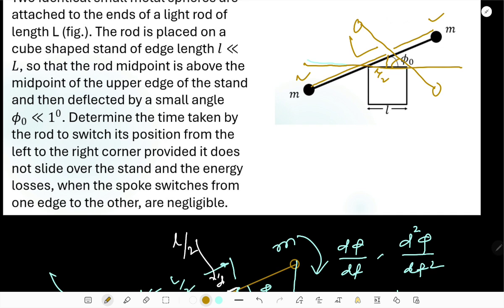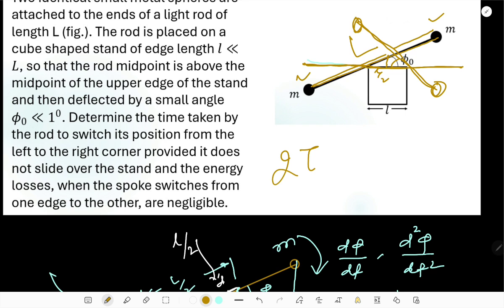So I'm going to find out first the time taken from this position of the rotating system to its horizontal position. And if this time is something tau, then our answer will be 2 tau, because it will take the same time to move in the same manner to come to the same position.